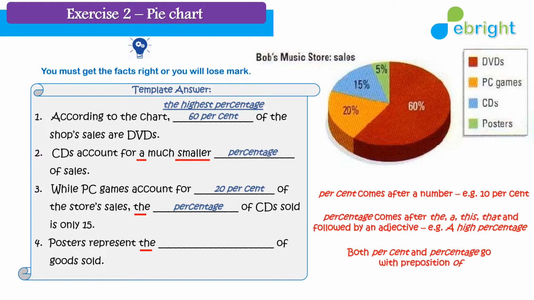Posters are only 5%, the green color, representing the blank of goods sold. You've got the word the, so it must be followed by an adjective and then percentage. So let's try the least, and we can also use smallest. Can you find any other synonym of least, smallest, lowest, and then followed by percentage? Great.